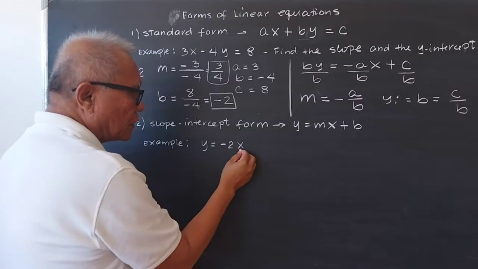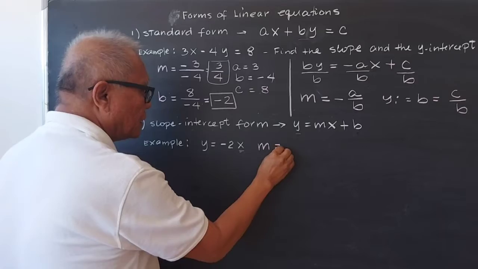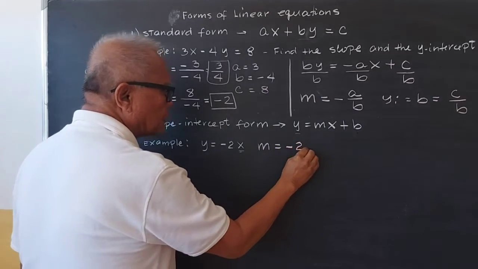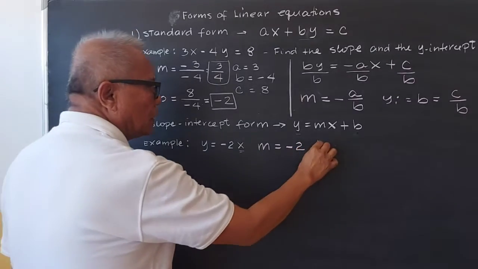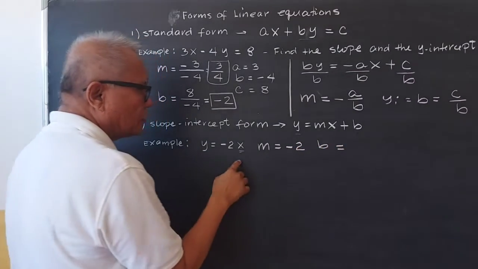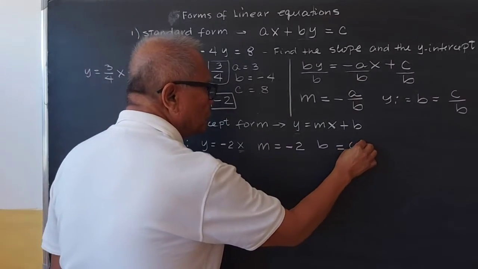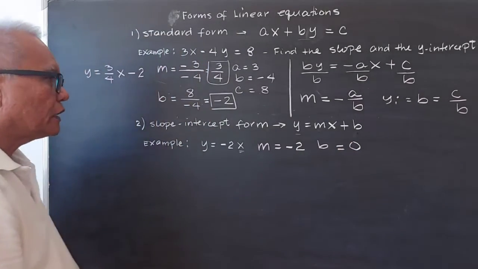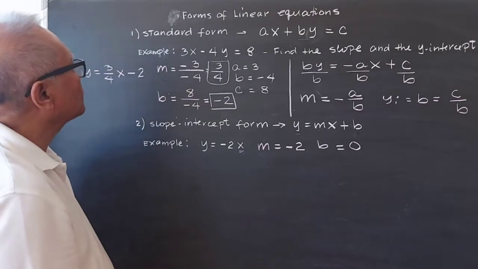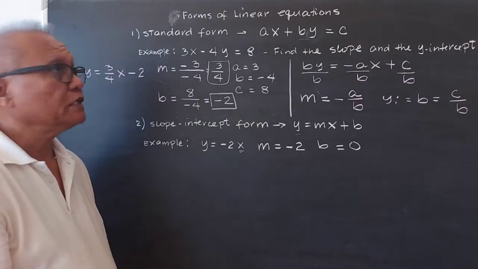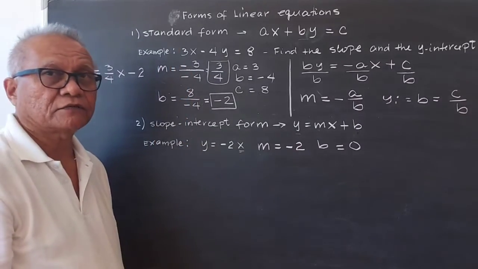Here, the numerical coefficient of x is negative 2. Therefore, our m is equal to negative 2. What about the b? Because we don't see any number here, our b is equal to 0. And that is how to find the slope and y-intercept of linear equations in standard form and in slope-intercept form.